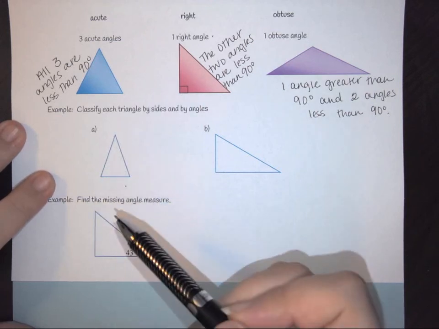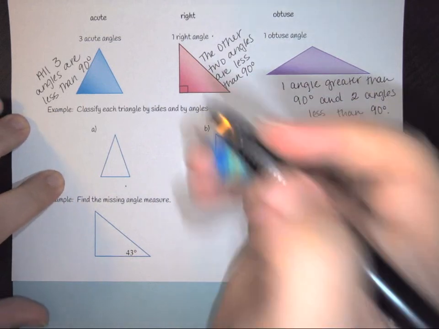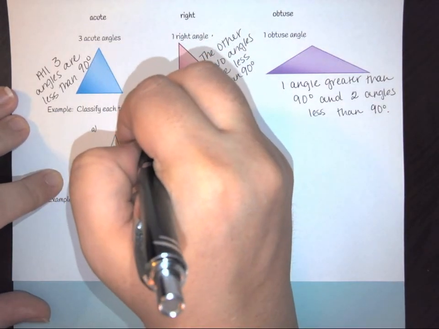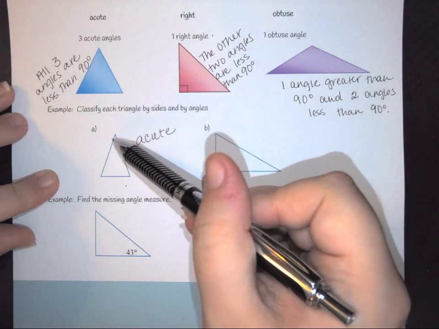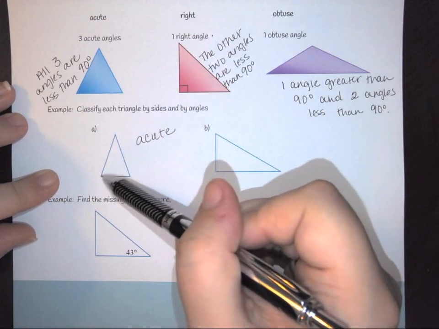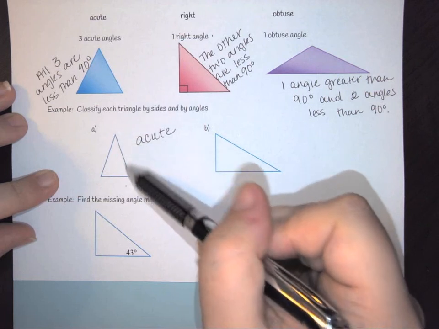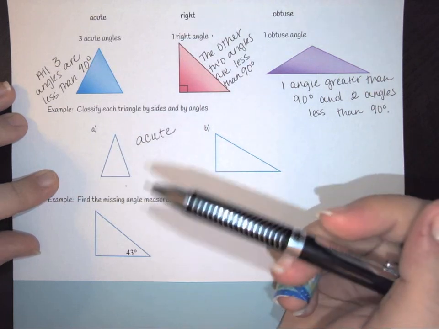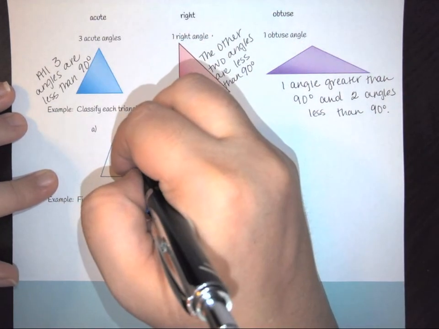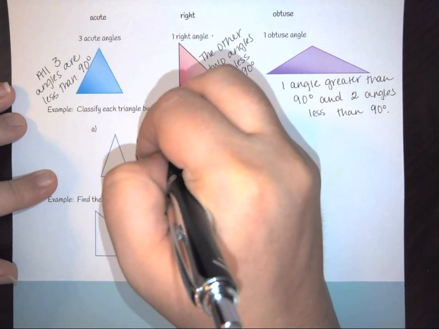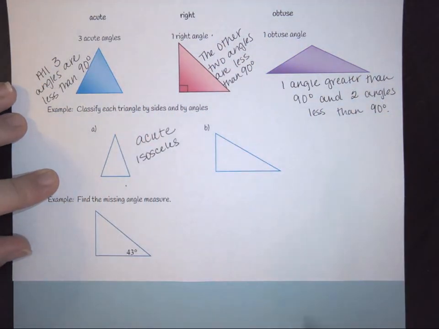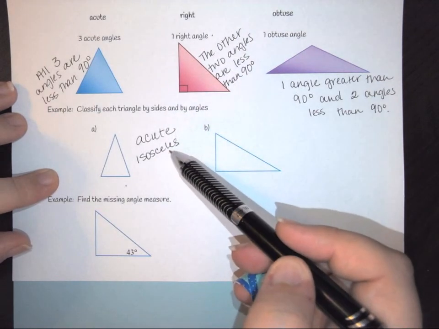Notice all three angles appear to be less than 90, therefore we would classify this as being acute. The second place that I would classify it is, if you look very closely, it is clear that two of these sides at least appear to be the same. Therefore, we could also classify this as isosceles. Classified by angle, classified by side.